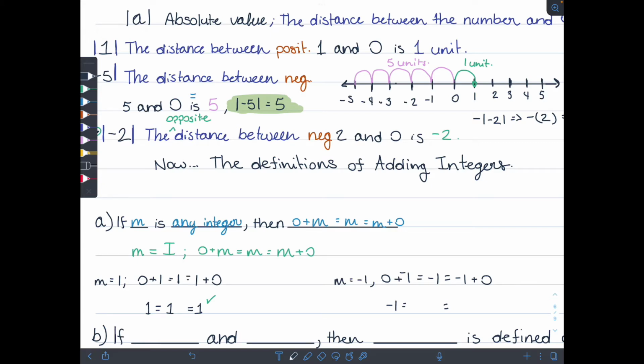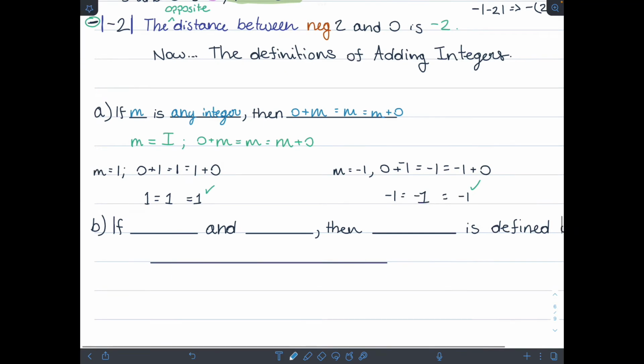What's -1 plus 0? -1. Do these all equal -1? Yes. So, if this helped make sense of this statement, perfect. On to the next definition.